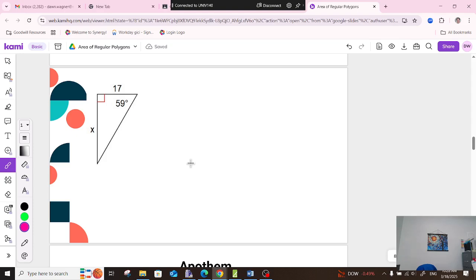Opposite, adjacent, hypotenuse, so that's correct. But according to the chart, opposite, you have that. This is technically this x.